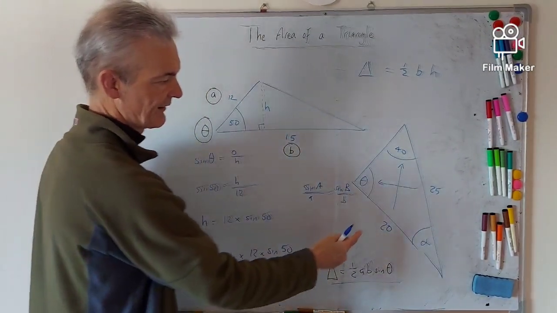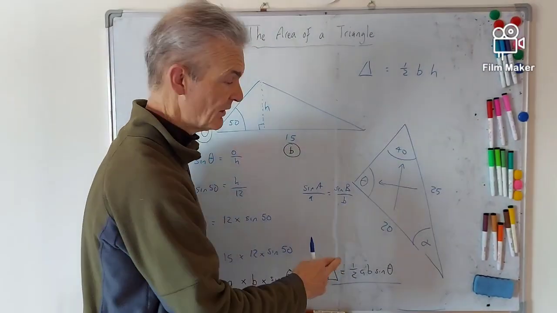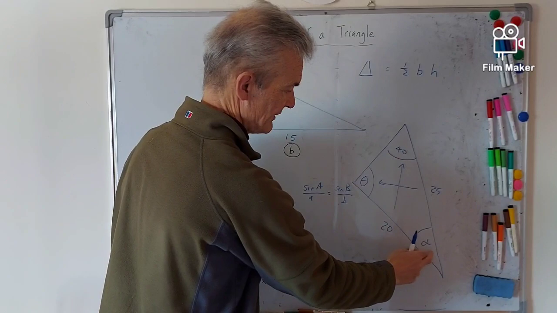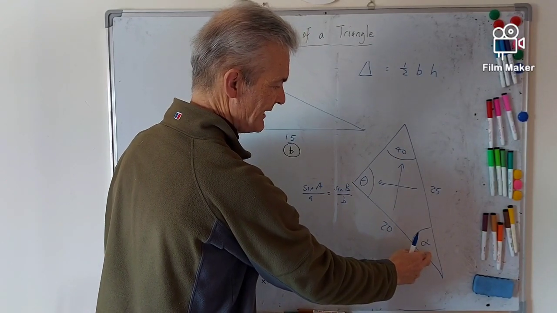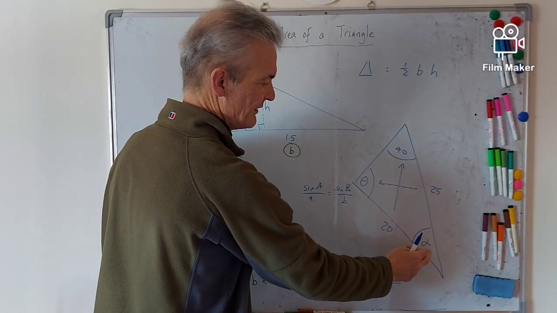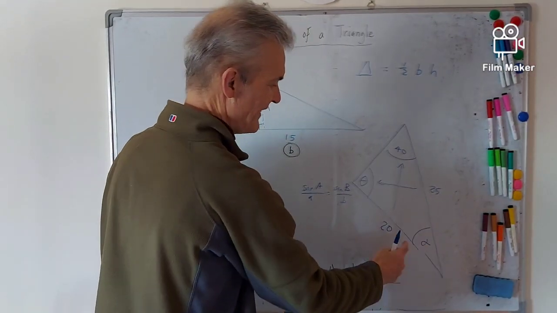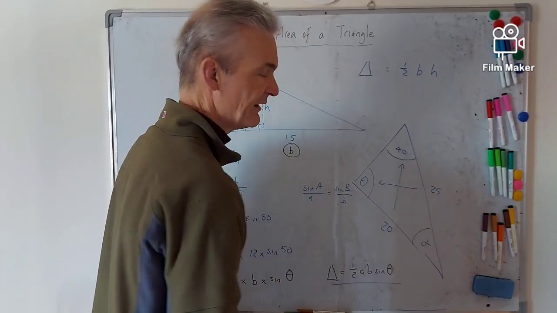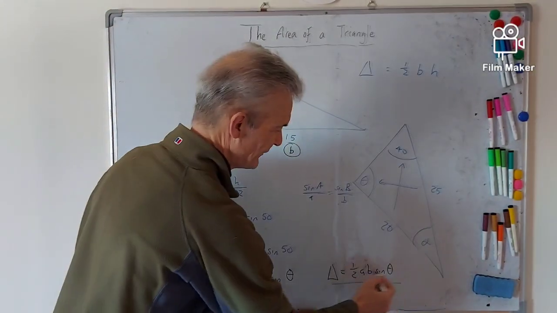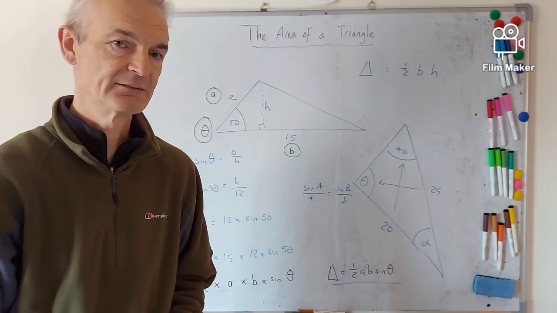If you've not got that, as we had in this example, you are going to have to do a little bit of work to maybe find, in this case, this angle down here, which we used the sine rule to get, and then the fact that angles in a triangle add up to 180 to get this one, and then once we've got that one, we can use this formula to work out the area of the triangle.